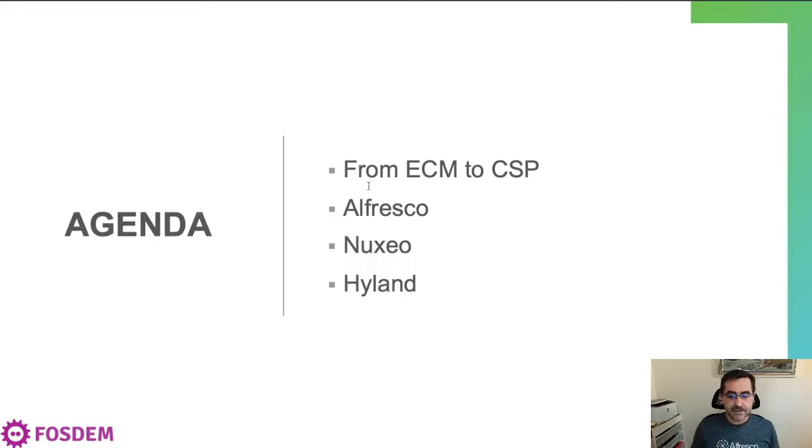The next section will be focused on the Alfresco platform that is provided using LGPL v3 license. And after that, we'll move our focus to Nuxeo product that is provided using an Apache v20 license. On the final part, some time is reserved to describe the Highland open source vision for the next years. But let's get started now with that ECM to CSP transition.